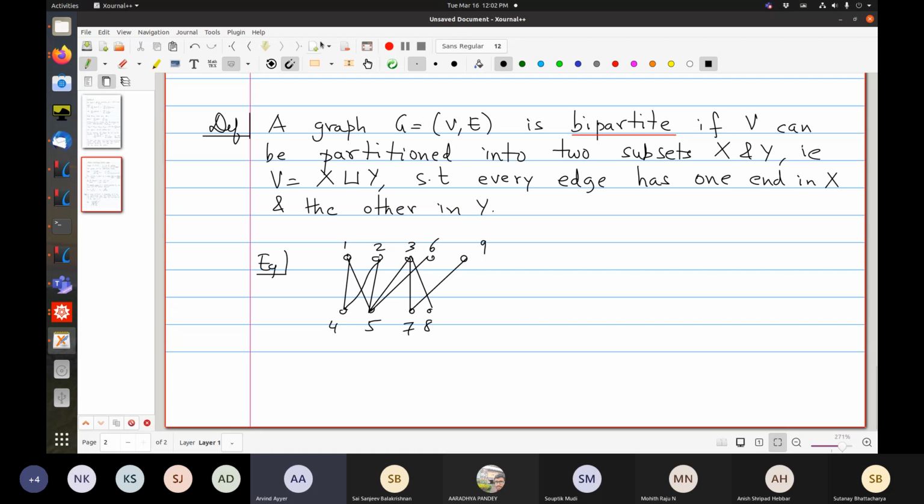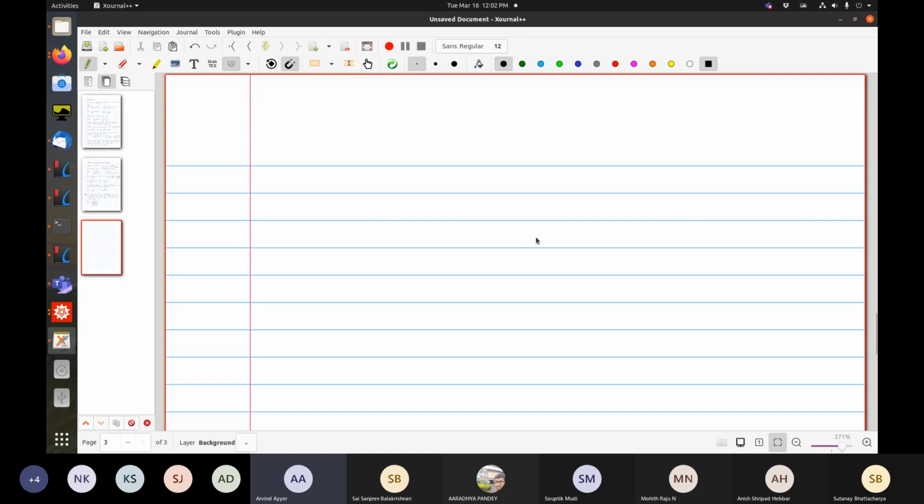Okay, let's continue. I can keep going forever and ever, because there are lots of things one can say about graphs. But the other thing I will need for now at least is the notion of planarity.